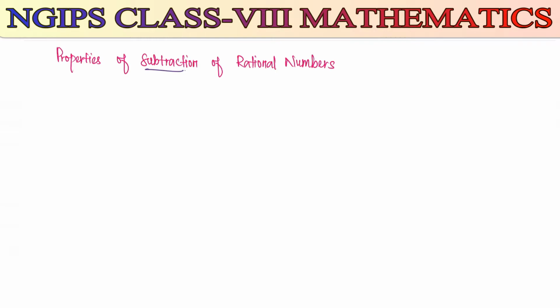Totally we have 5 properties. We have 5 properties in subtraction also. The first property is closure property. Closure property is always satisfied in the rational numbers.